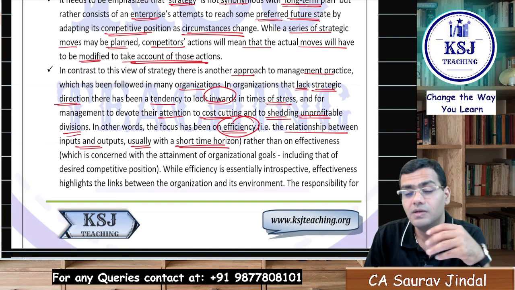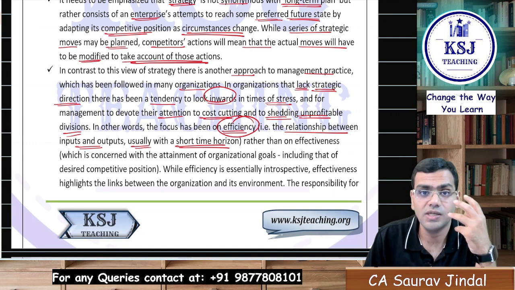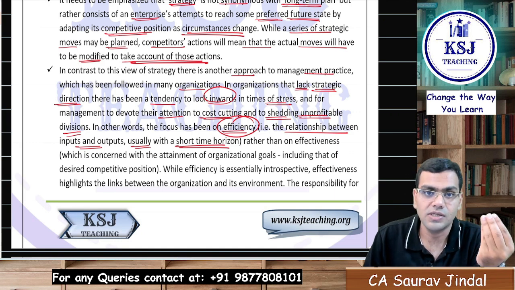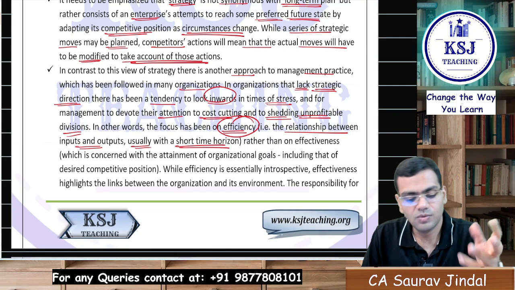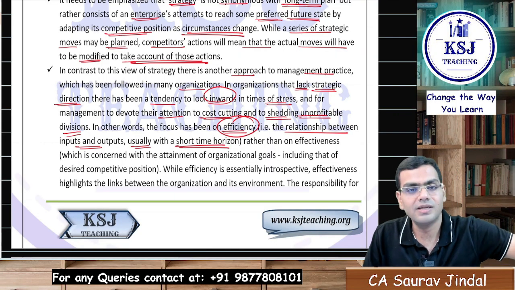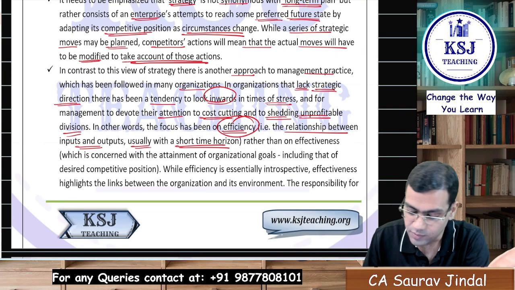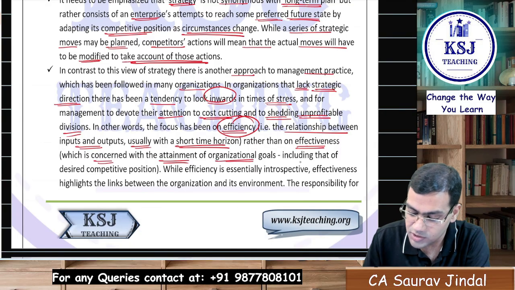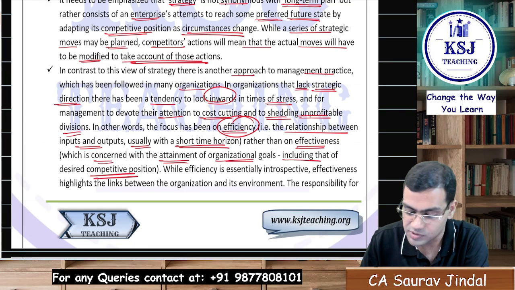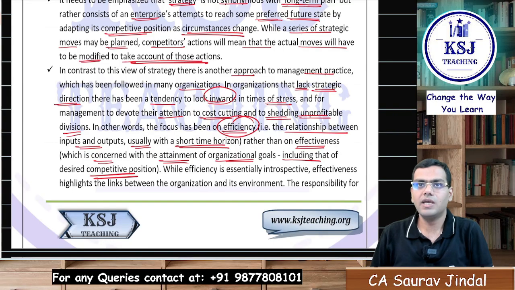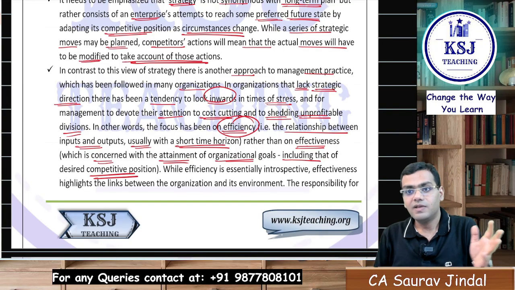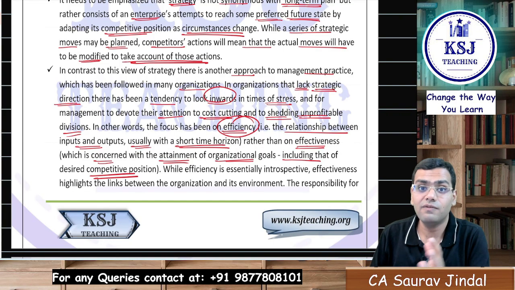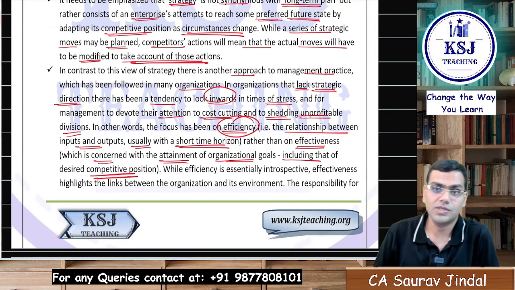So here what the managers try to see is to increase the efficiency, because we are not able to understand what should be done. So let's try to increase our efficiency in whatever way we can, rather than the effectiveness, which is concerned with the attainment of organizational goals, including that of desired competitive position. Now we are not looking at how effective we are. We are now looking at how efficiently we will be able to do the business.